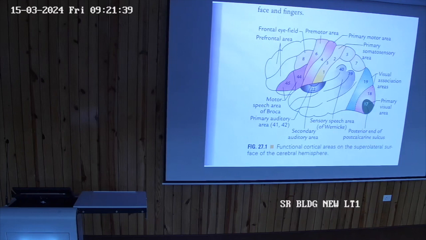On the basis of past experience, the area number 6 gives the information to area number 4 that you require the contraction of the muscle too much or which part of the limb you require the contraction. That is the function of area number 6.